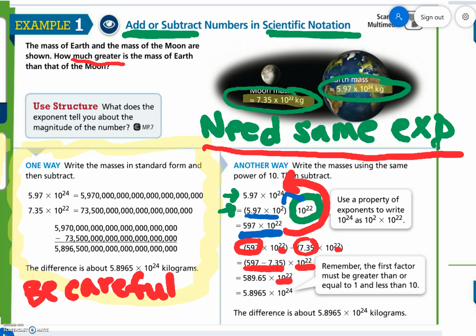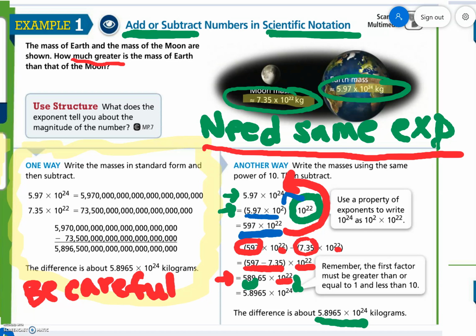So that gives us 589.65 times 10 to the 22nd. But to make our final answer, we want it in correct standard scientific notation. So I'm going to move the decimal place 2 more, which gets us back to the 24. So the difference is about 5.8965 times 10 to the 24th.